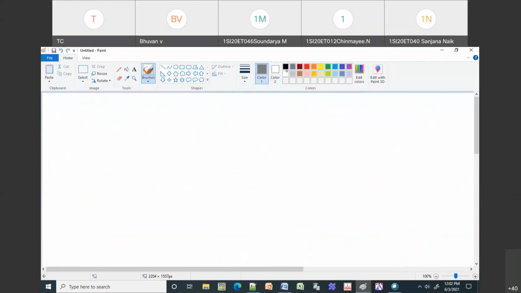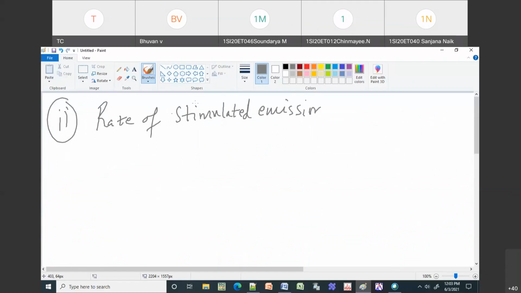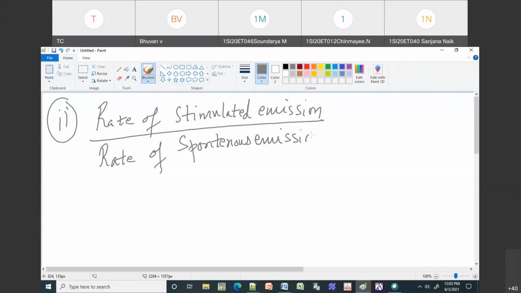So in the second case, I will have the rate of stimulated emission, and I am going to divide it by your rate of spontaneous emission. My aim is to know the condition for having more stimulated emission compared to either spontaneous emission or induced absorption.